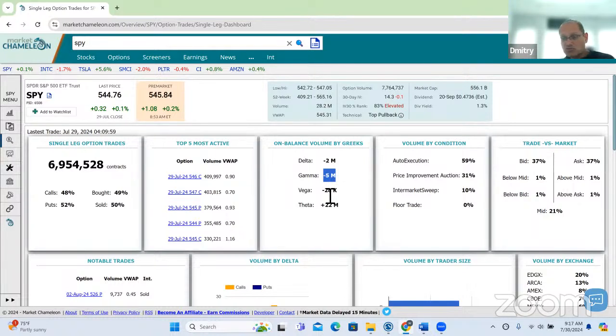And if you're long gamma, it's reverse, right? If you're long gamma and the stock is going up, that means you'll have to short stock or sell stock. And if the stock is going down, you're going to have to buy stock. Okay, so that's what the gamma is telling you, how those positions on balance look.